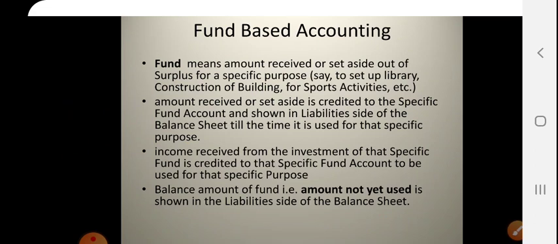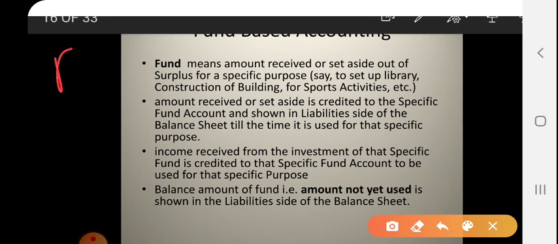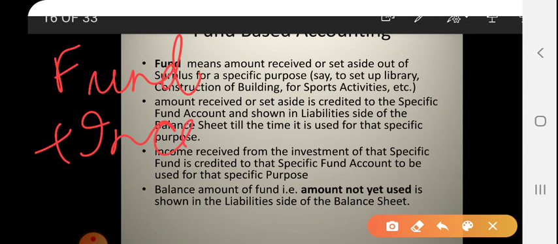In fund-based accounting, what we do exactly is we add the incomes related to the fund, and all the expenses related to the fund we subtract.